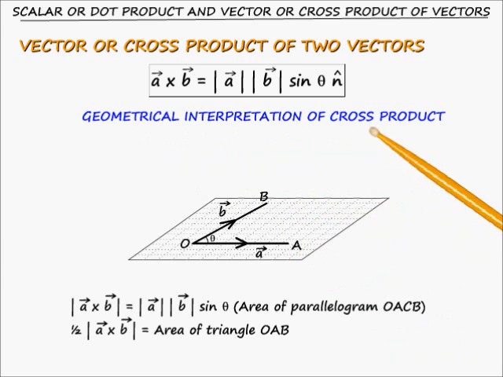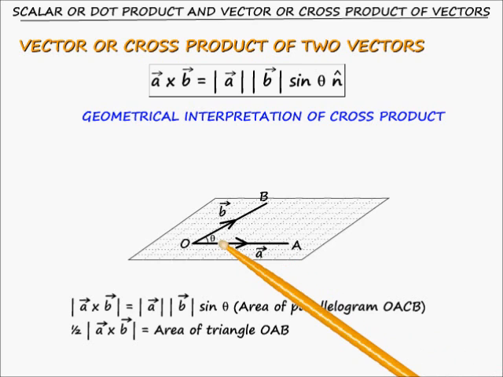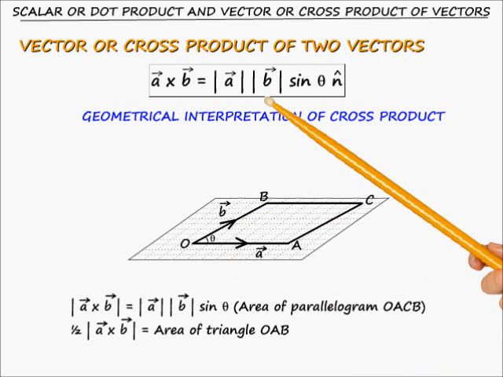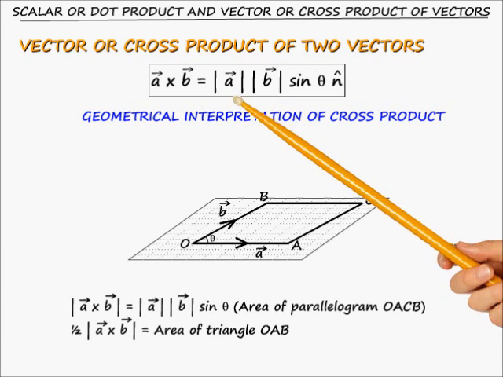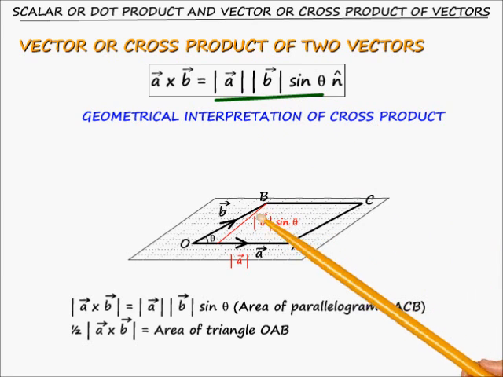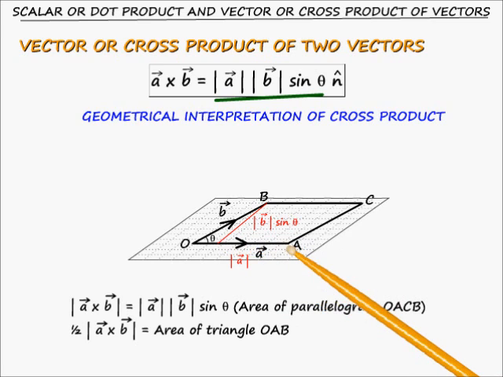Geometrical interpretation of cross product. Let A and B be two vectors. The angle between them is theta. Draw the parallelogram OACB. This is the cross product of A and B. The magnitude of the cross product is this. Here mod B sine theta is the height of the parallelogram and mod A is the base of the same parallelogram.